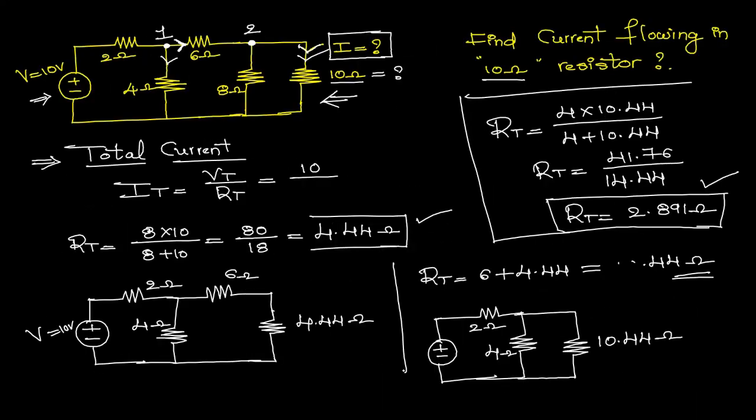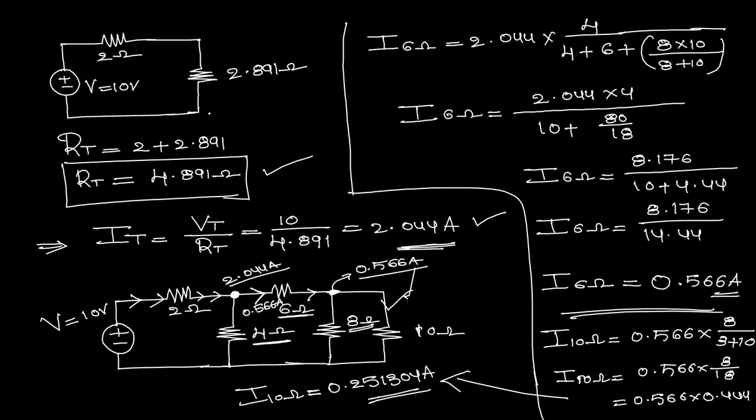Now you can observe that if we have two nodes in the given circuit, we apply the current division rule two times. But if we do not have two or multiple nodes, then we can directly apply the current division rule a single time and you will get the resultant. So like this we need to follow to get the response in any branch by using the current division rule.